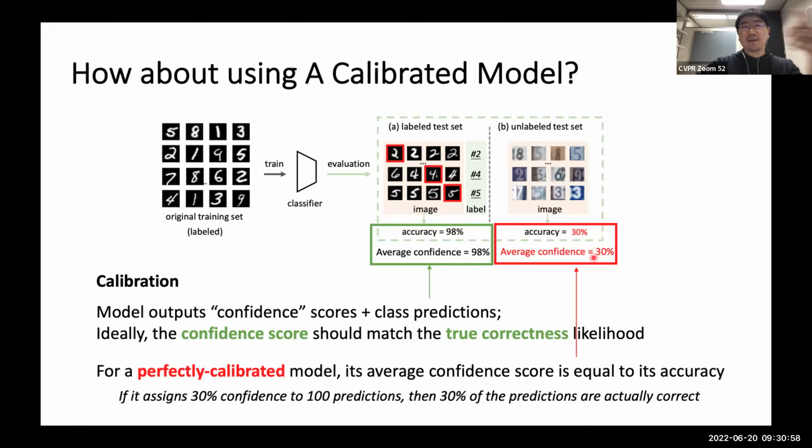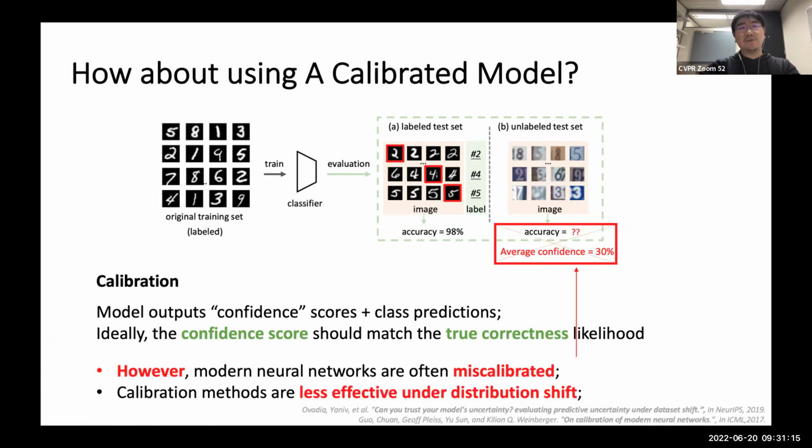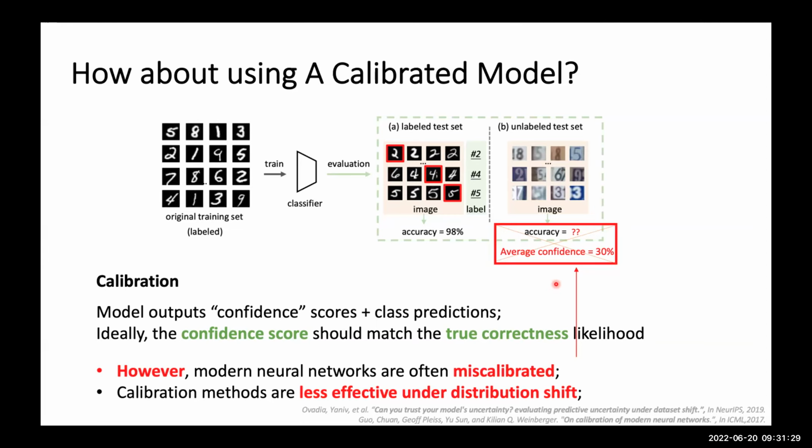So at first thought, it's a feasible way. We just calibrate the model and use the model confidence to indicate the model accuracy on this unlabeled test set. However, the problem is that usually our networks are miscalibrated. In many scenarios, our calibration methods actually are less effective under distribution shift.